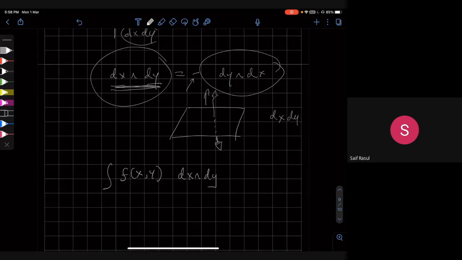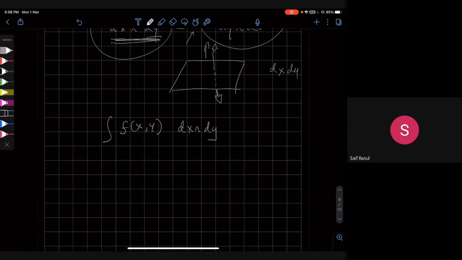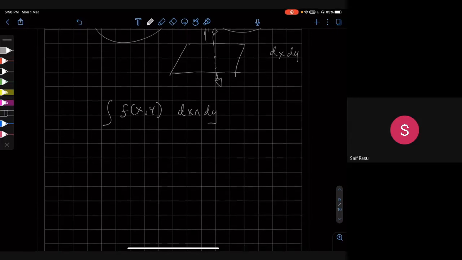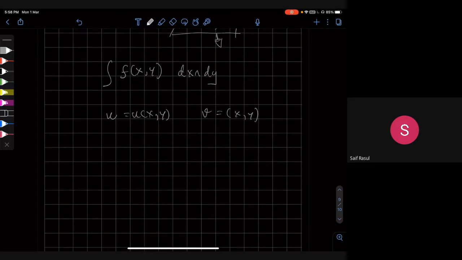Now suppose we make a change of coordinates. So we say, okay, let's introduce some new coordinates, u, which is a function of x and y, and another coordinate v, which is a different function of x and y. Because we're in 2 dimensions, we're going to have 2 coordinates. So this f of x and y will change to something g of u and v, which of course will depend on which function this is.